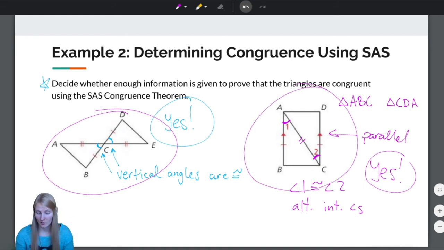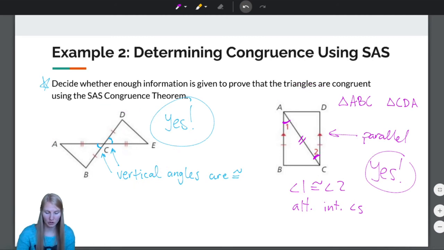And in this diagram, we had to see they share this side. There are alternate interior angles. So you might need to look a little bit closer at your diagram to make sure that you can't deduce any more information from the diagram before you determine, yes, we can prove it, or no, we can't prove it.